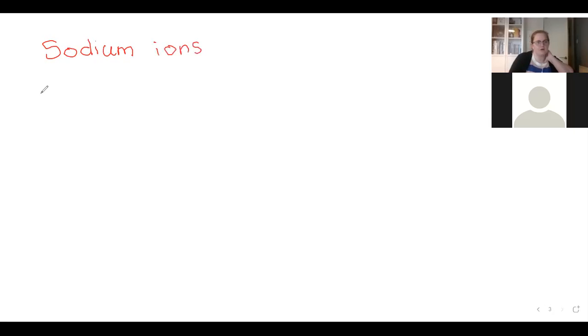So sodium ions are Na+. Sodium ions are involved in loads and loads of transmembrane reactions, lots of reactions going across membranes, and they're really, really interesting actually. But one of the main ones is to do with digestion.